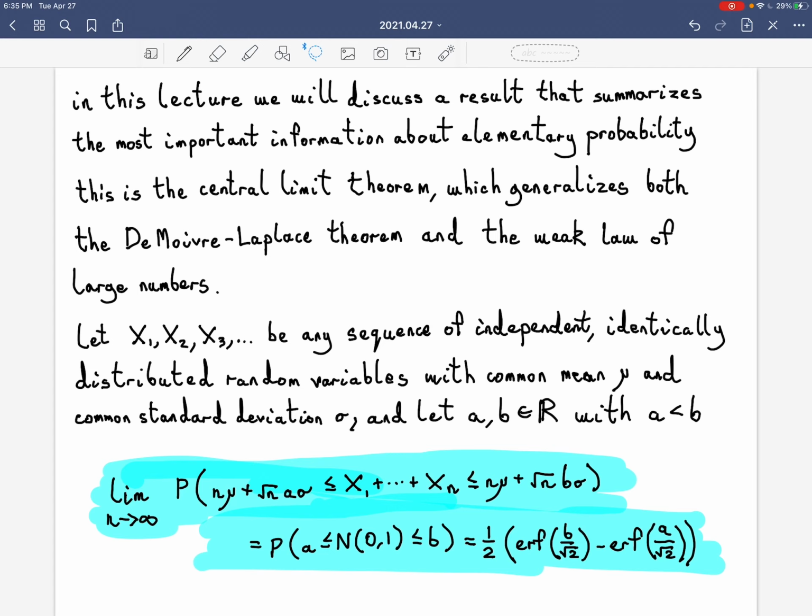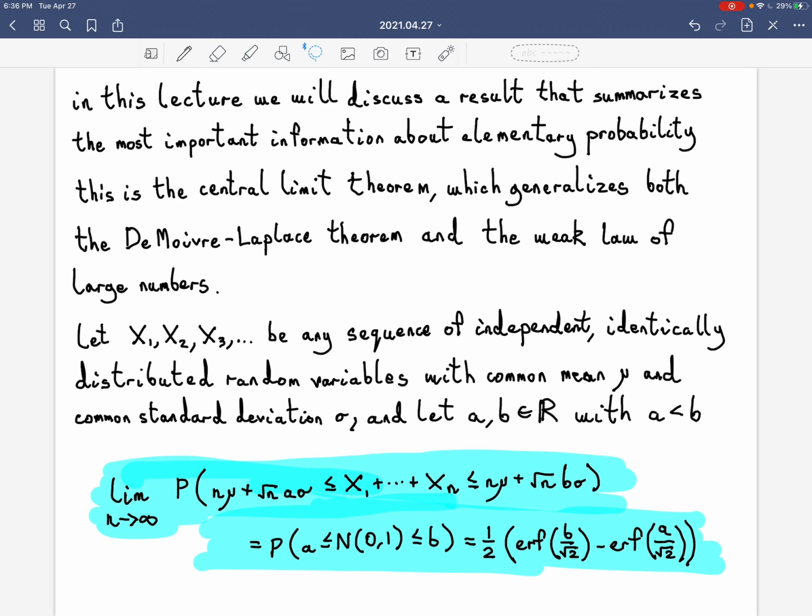So we would like to have a way of bringing these concepts together and getting the kind of detailed information we had with the de Moivre-Laplace theorem in the same generality as the weak law of large numbers, because if you remember, the construction for the weak law of large numbers just was any sequence of independent, identically distributed random variables.